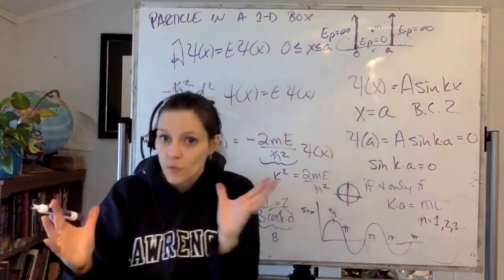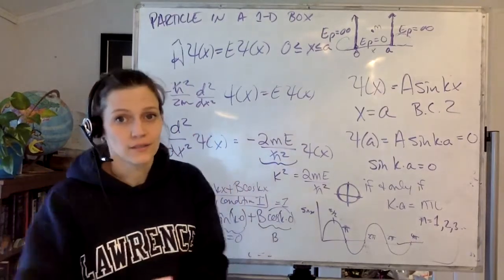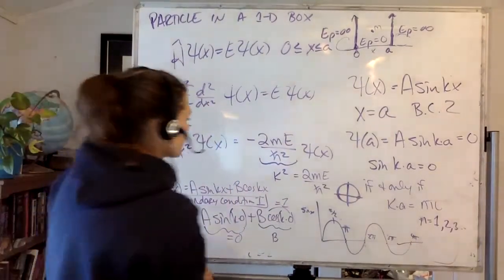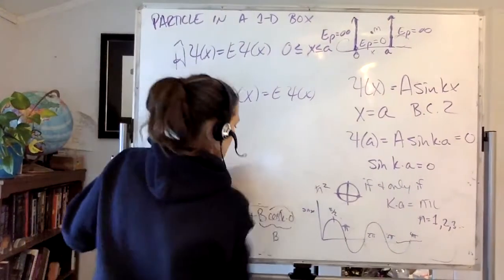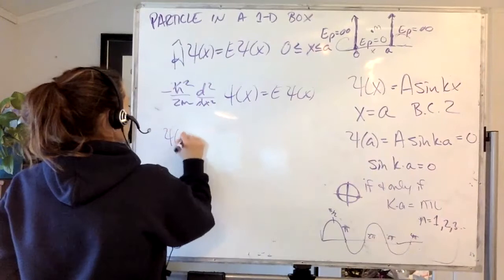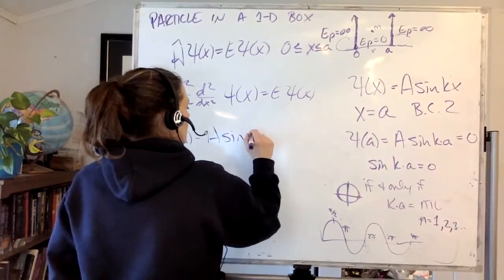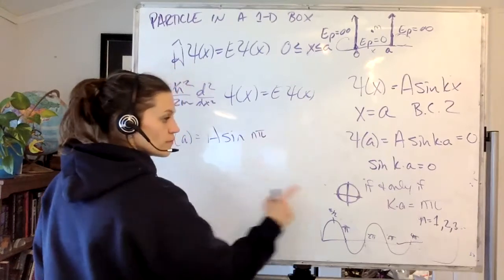So now we've learned more about our wave function with what our boundary conditions require. Does that make sense? So now this means that psi of a is equal to A sine n pi.